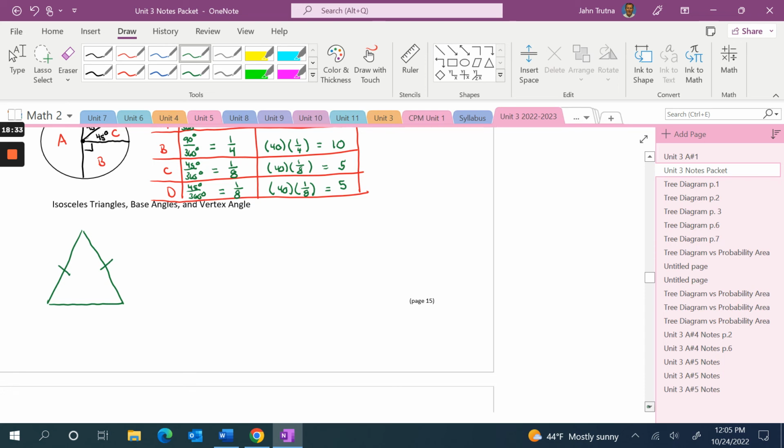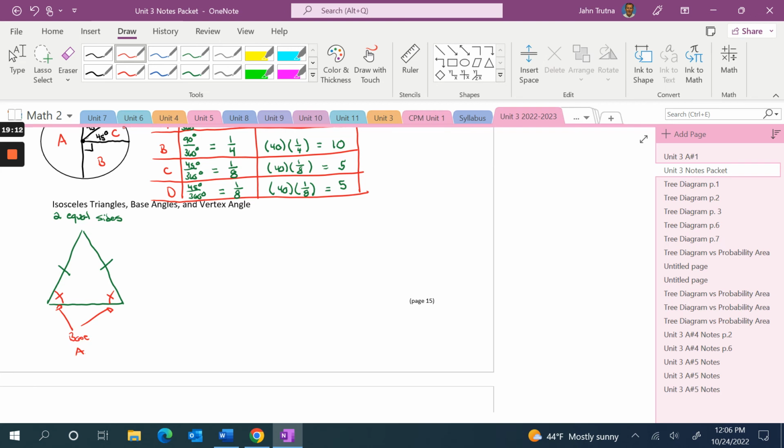Now, the two angles that are not attached to the equal sides are called the base angles. So that angle down there and that angle down there. Basically, the two angles that are across from the two equal sides are what are known as the base angles of this isosceles triangle.